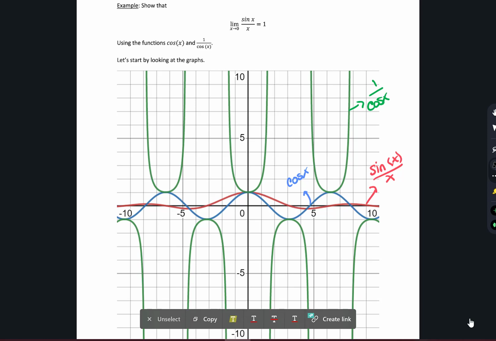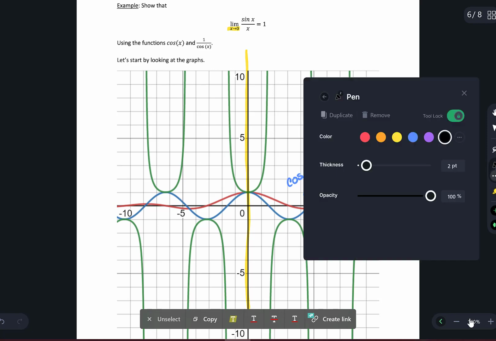Well, remember, to use the sandwich theorem, we only need to have an open interval around the value that we're interested in. So notice that we're interested in the limit as x approaches 0. So I'm going to draw a vertical line where x is equal to 0, so that's here. And then, change my pen color here.